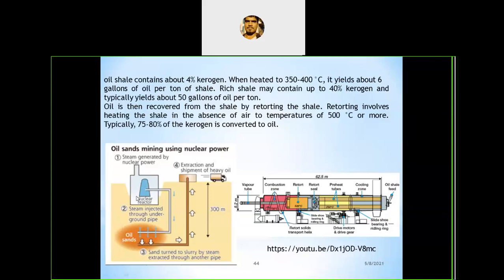The conditioning drum is a closed chamber where the oil sand is mixed with water, steam and caustic soda. It is a mixture in a closed chamber, called the conditioning drum.